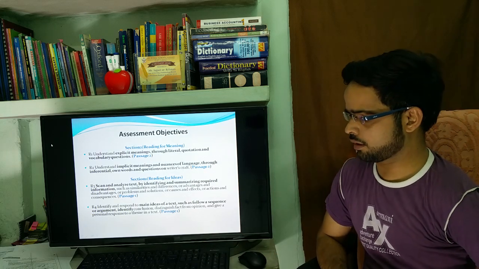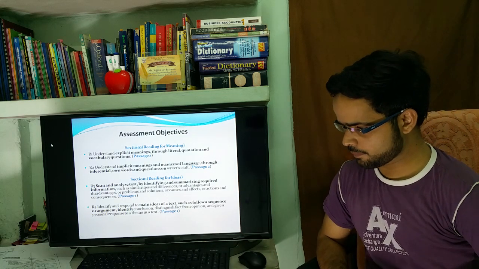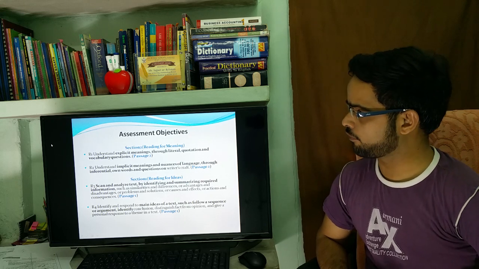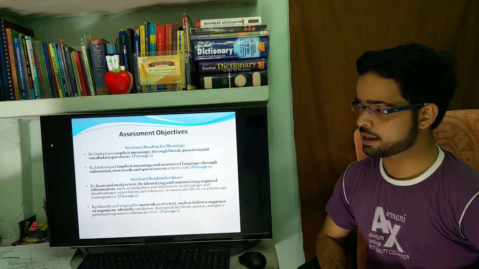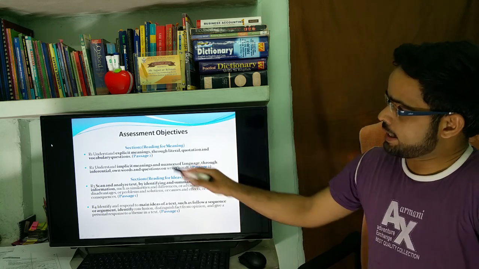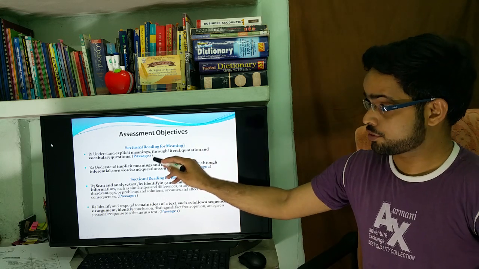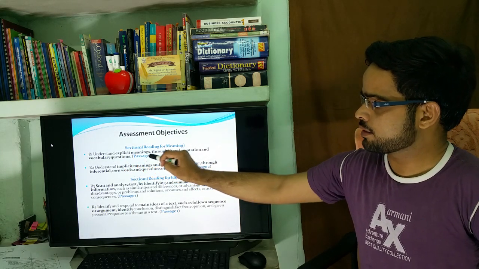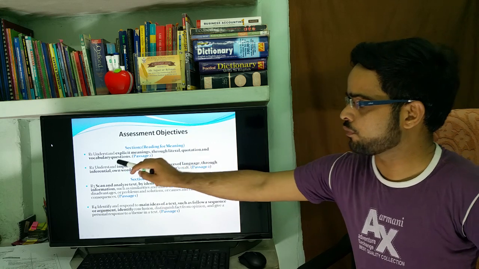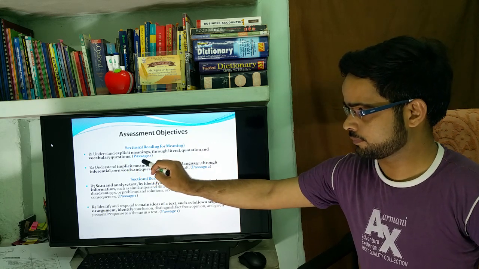These are some objectives of section 1 and 2, which the examiner expects from you. In section 2, passage 2, you need to understand explicit meanings through literal, quotation and vocabulary questions.